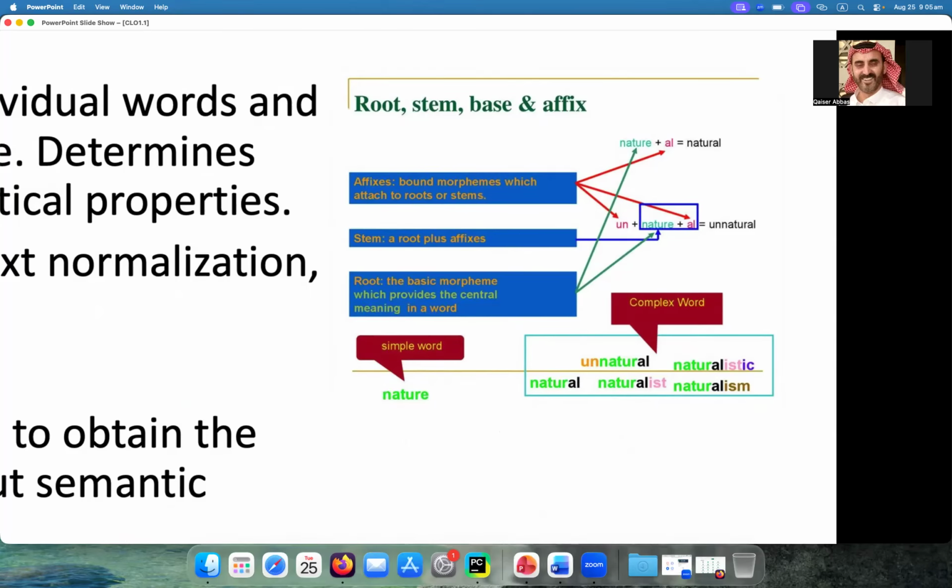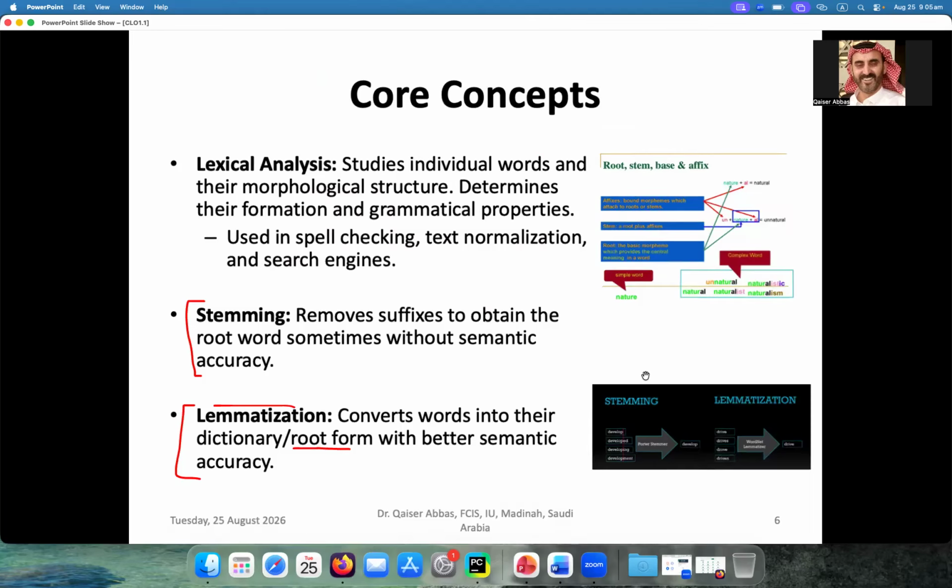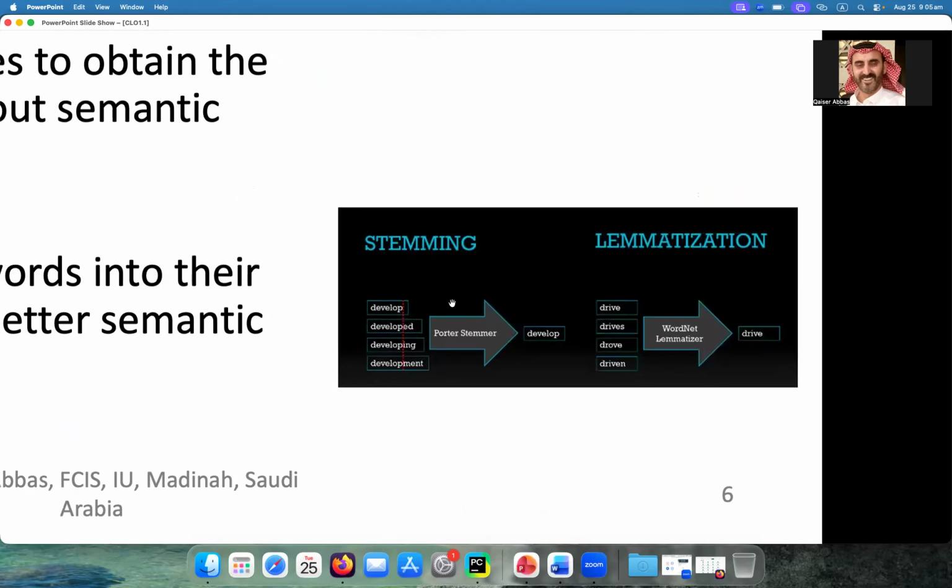Understood? Moving next. You can also see it from here. What is stemming? Developing, development: these suffixes will be removed. There is a stemmer called the Porter stemmer. This is an application you can use when you code in Python. You will use the Porter stemmer for stemming, and it will remove these suffixes and give you develop.